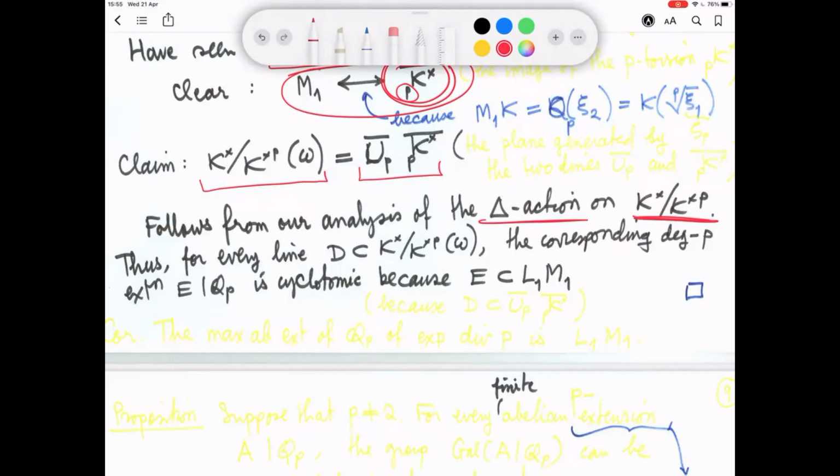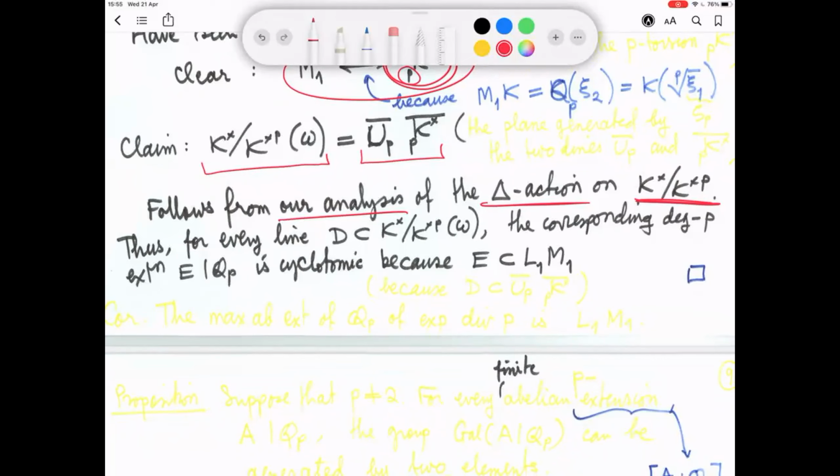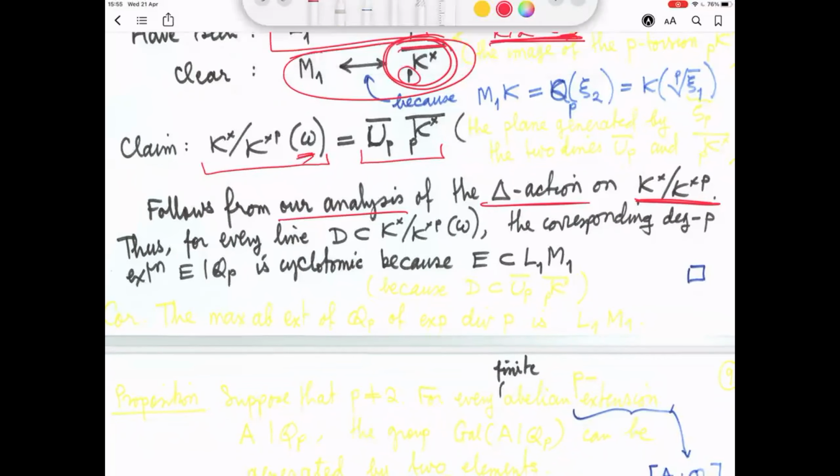So if you go back to that analysis, then you will see that the omega eigenspace not only contains these two lines, but is generated by these two lines. In other words, there's nothing else.